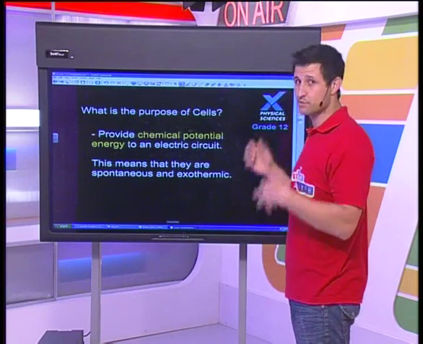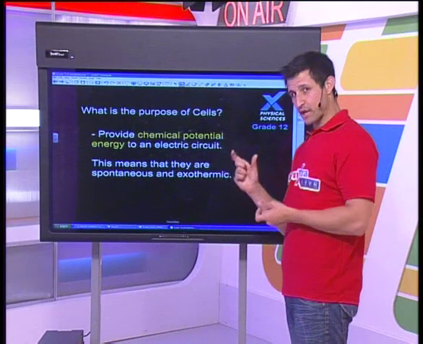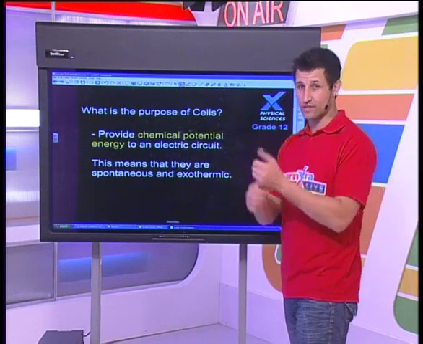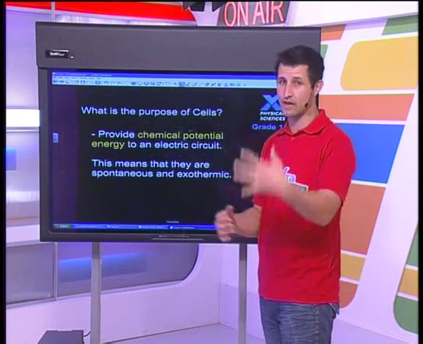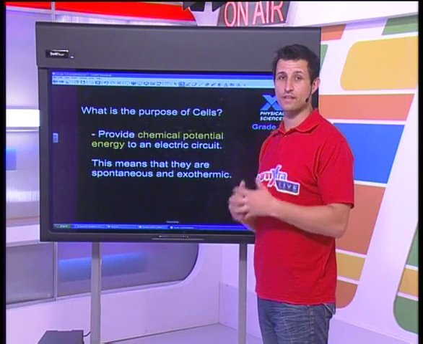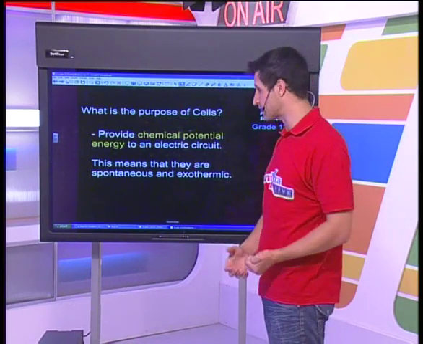Now, this board needs to be plugged in, and it relies on Eskom giving us power. Now, if you've got a battery, you're free, and you can move around with whatever you've got. If you've got a cell phone, an MP3 player, an iPod, a laptop, all of them have got cells. And the way that they carry around that power is they carry around that potential chemical energy.